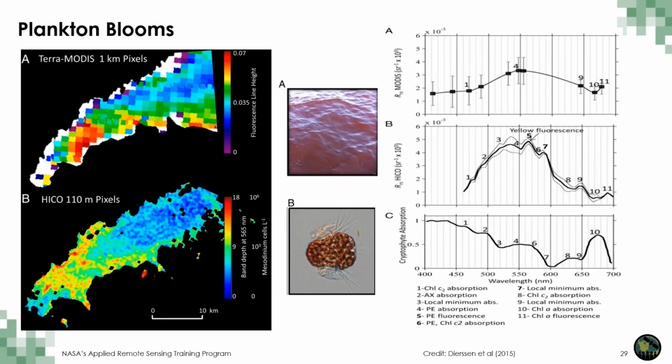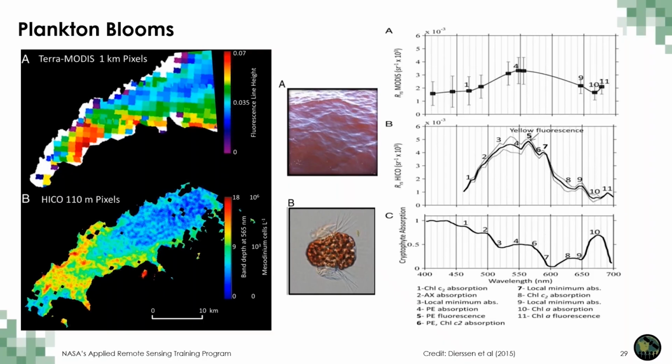Here we can compare it to an image of HICO on the same day that shows the typical yellow fluorescence of phycoerythrin, which is the main pigment in this particular case. The middle photos here show how the Mesodinium bloom looks from above, and below here is a microscopic photograph of the organism.